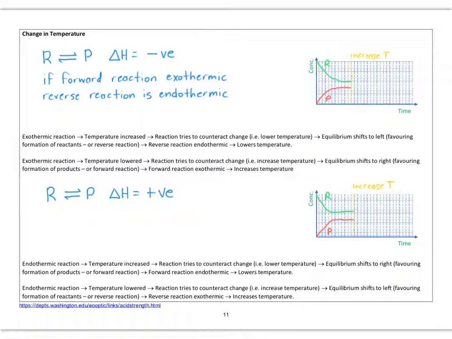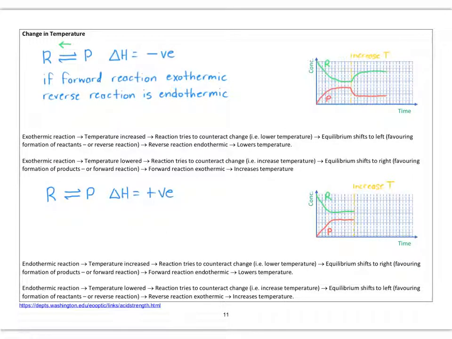So if we try to do that, our products, in this case, are going to decrease, and our reactants are going to increase, because, if you like, the reaction's going to want to go that way to make more reactants, because that's going to cool down the temperature, and we've tried to increase the temperature.